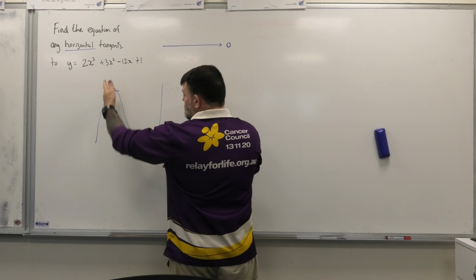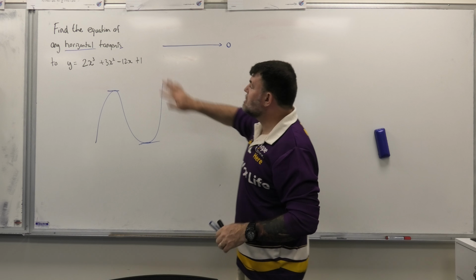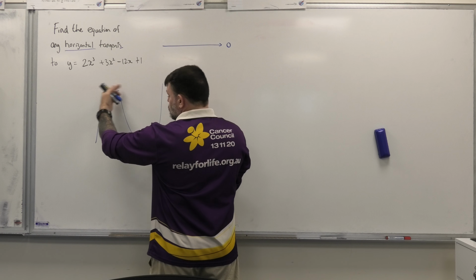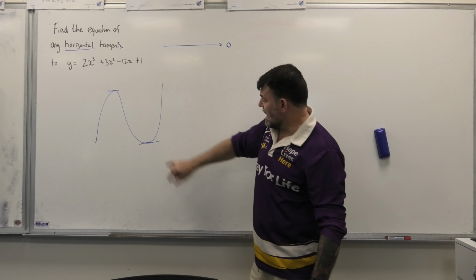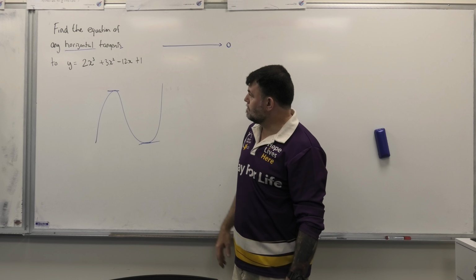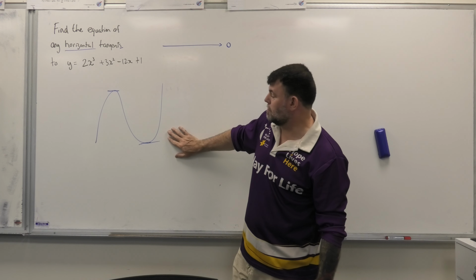Okay, so our stationary points, our maximum and minimum. So we know straight away that there should be 2 of these occurring, because we have 2 turns, a maximum and minimum, in this type of cubic.